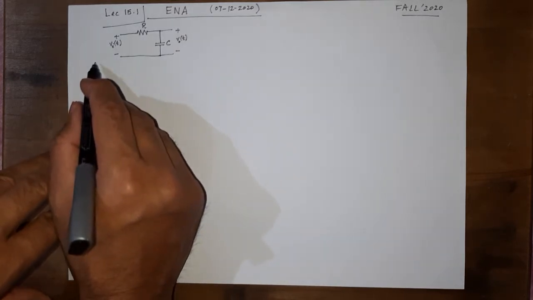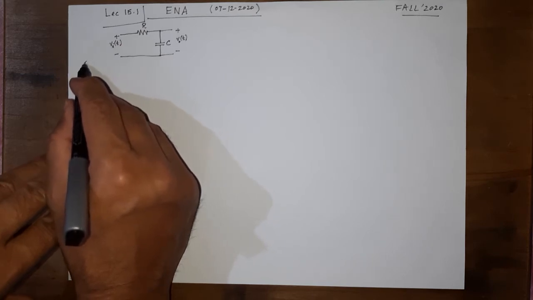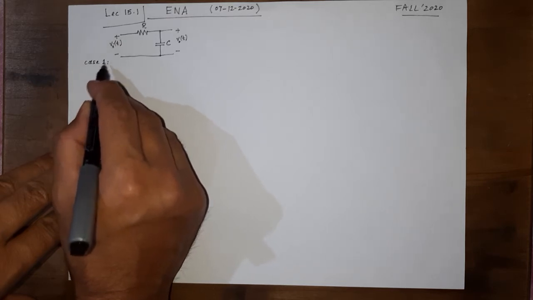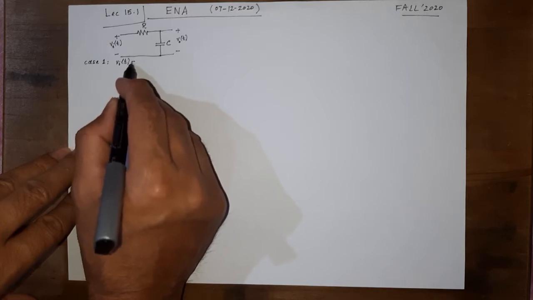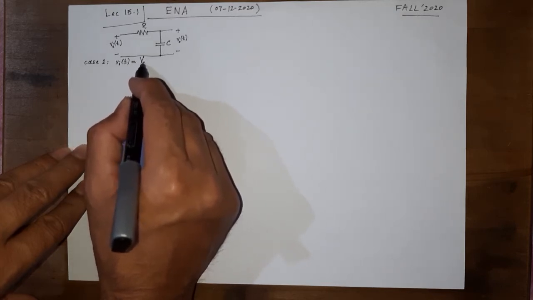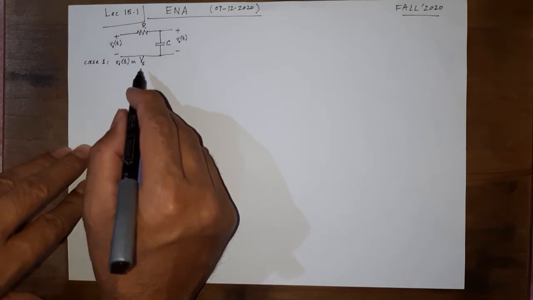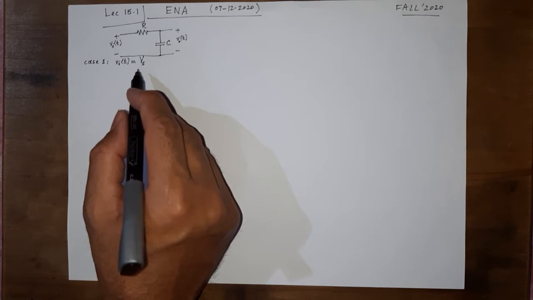If you remember, the very first thing that we learned, let me write this as case 1, where the input voltage was actually a constant voltage. So let us take capital Vs, the source voltage. Let us say this is the input voltage and it's a DC voltage.